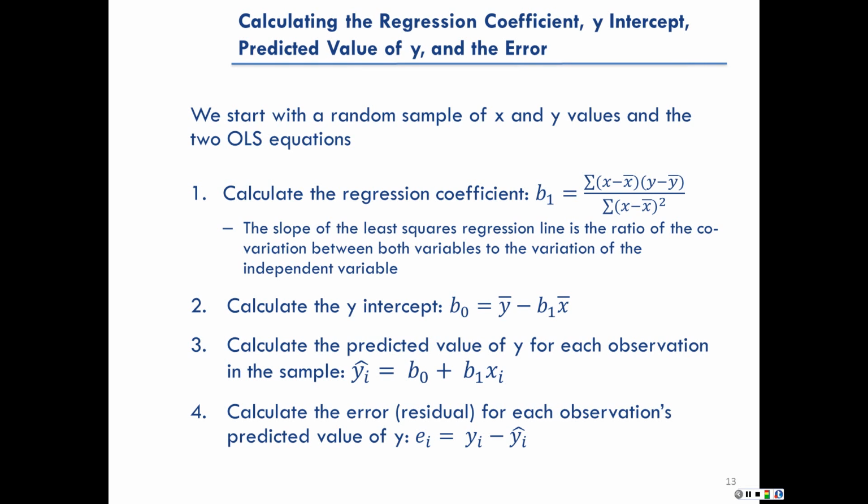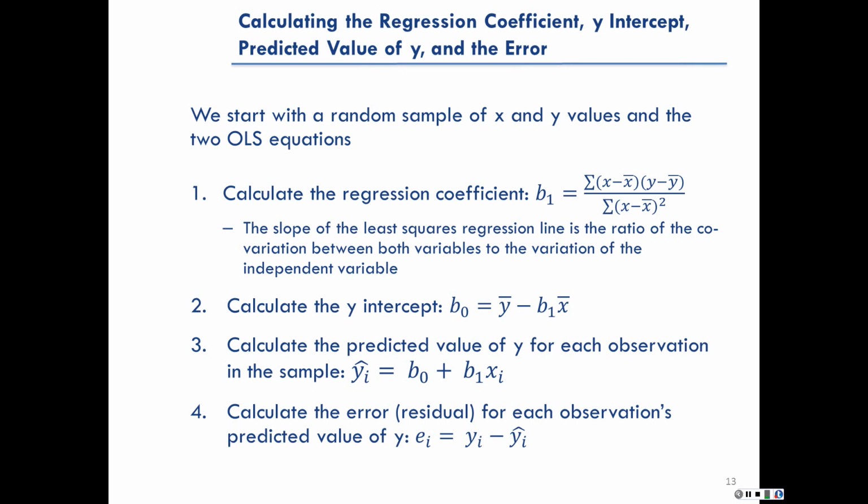The first thing is we want to calculate the regression coefficient, beta 1. And you can see the formula there. It should look familiar to you. What you do in the numerator is, first you want to compute the mean of x and the mean of y. Then you subtract the mean of x from each individual x value in your data.